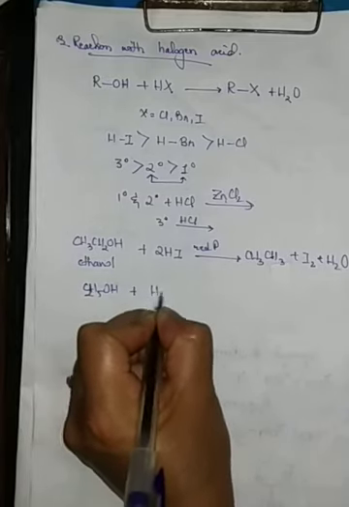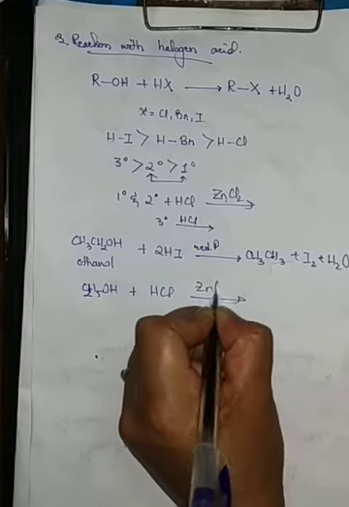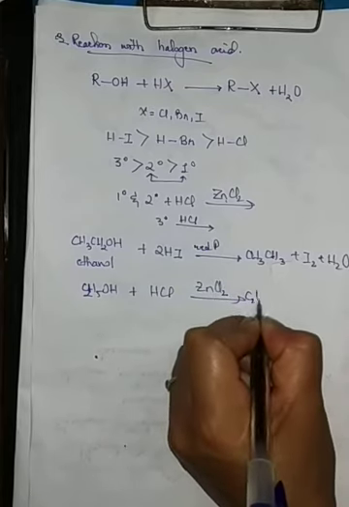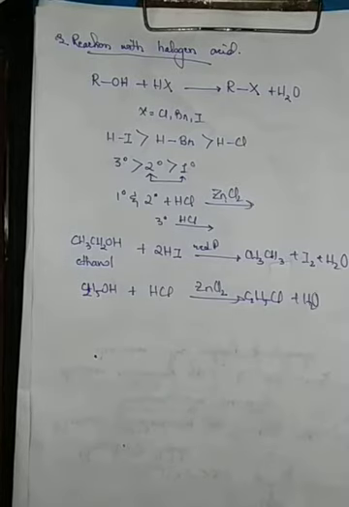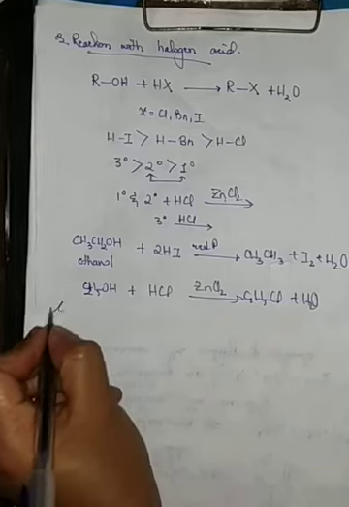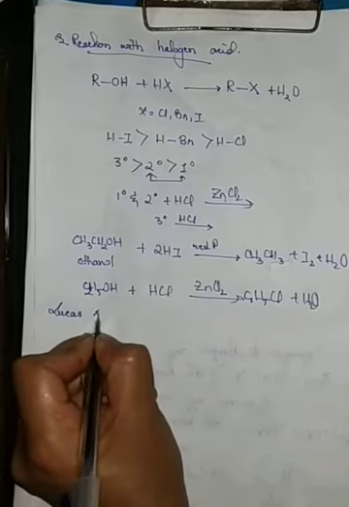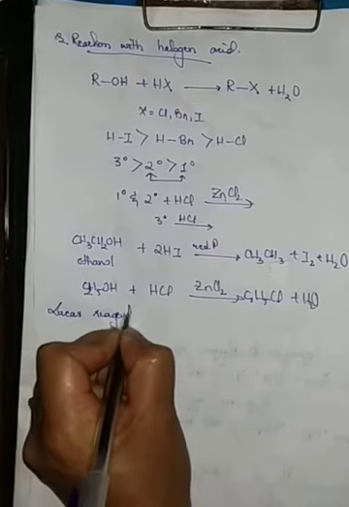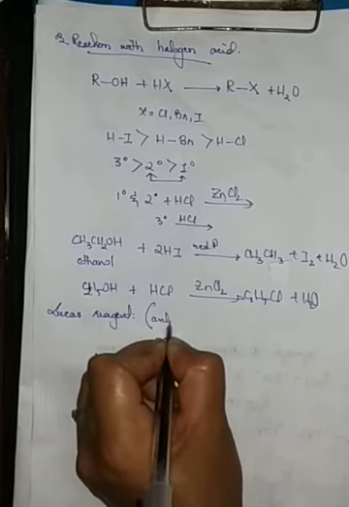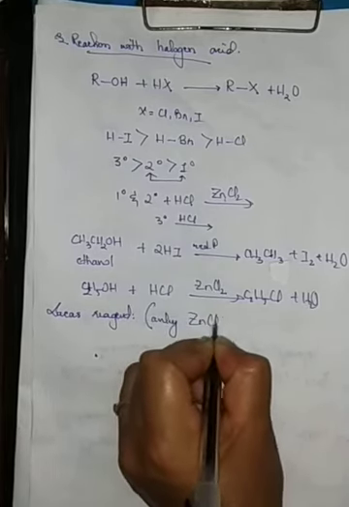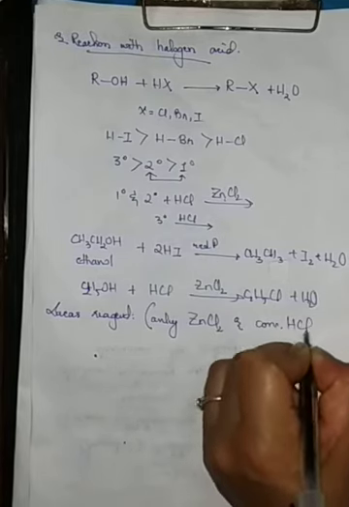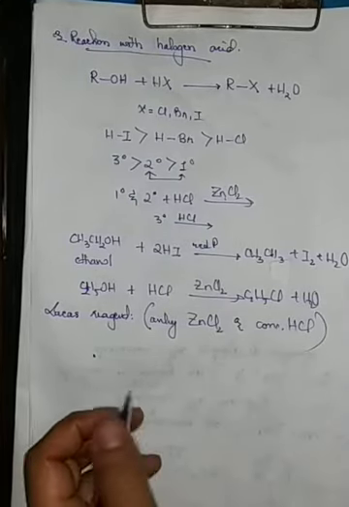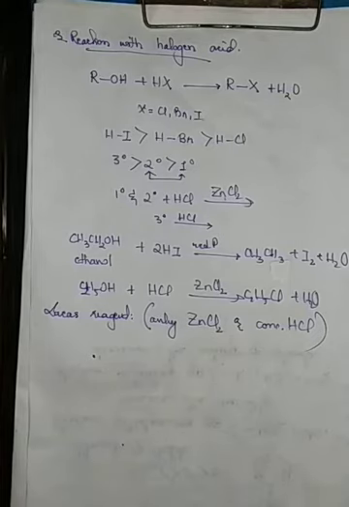It reacts with HCl in the presence of zinc chloride to give us C2H5Cl, a haloalkane, and a water molecule. Now, the study of this is given in the form of the Lucas reagent. Lucas reagent is a mixture of anhydrous ZnCl2, zinc chloride, and concentrated HCl, which is used to distinguish between primary, secondary, and tertiary alcohols.